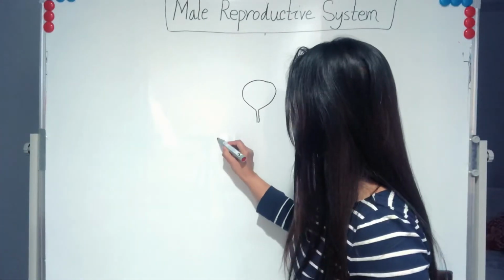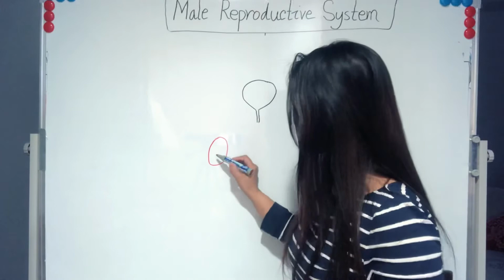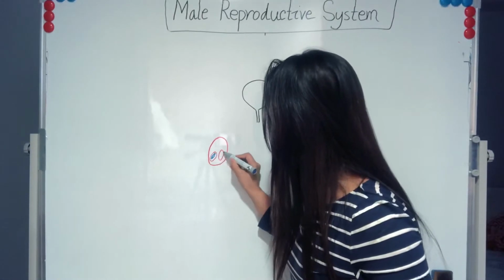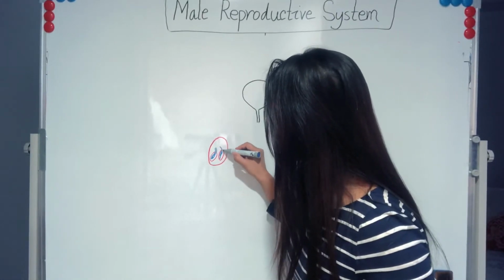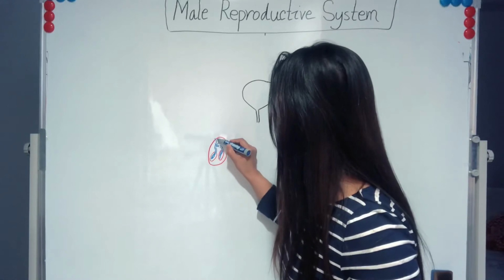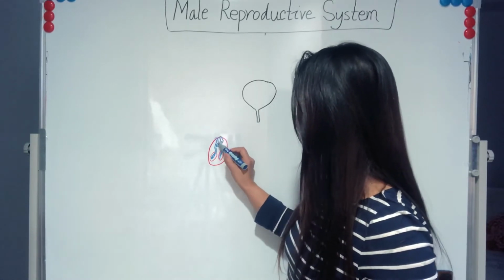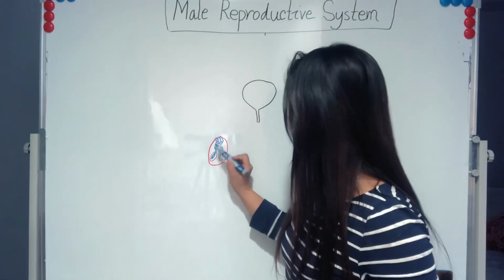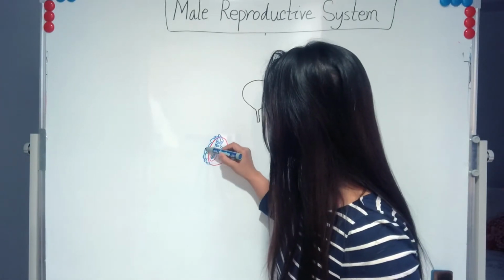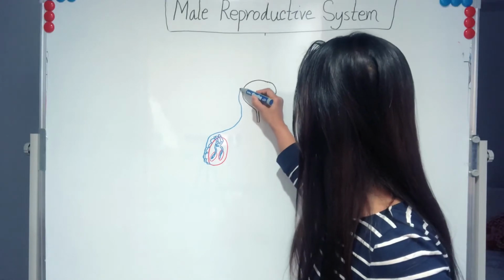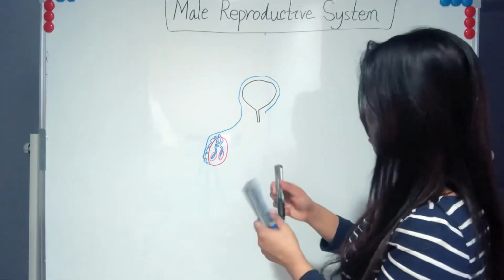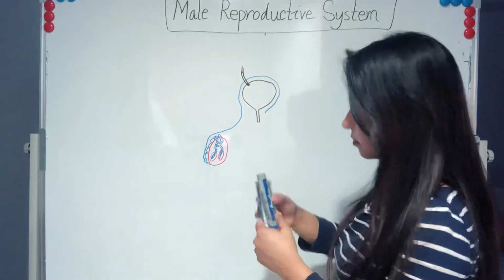Then this is testes, then testicular lobules, then seminiferous tubules, tubuli recti, then rete testis, then vasa efferentia, then epididymis, and then vas deferens goes up, then goes behind the ureter, loops over the ureter and urinary bladder. Then this is a ureter.